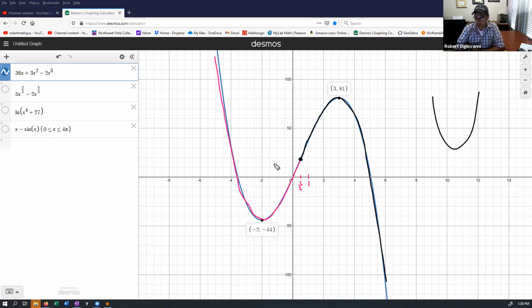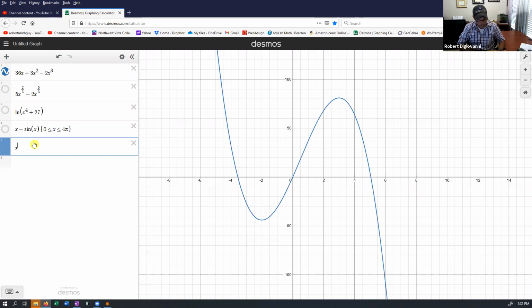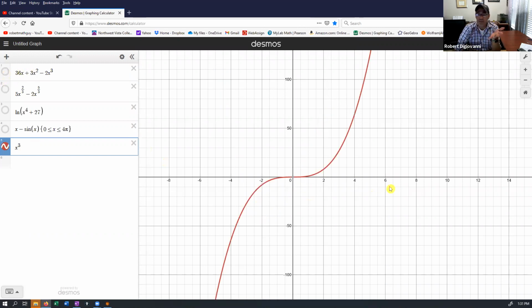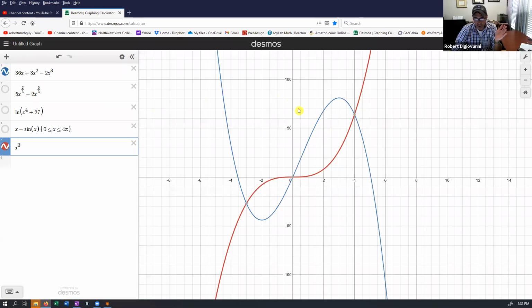Let me clear this out of here. Let me give you an example. How about just x cubed? There we go. Look at that graph right there. That's x cubed. This curve does not have a turn. I think, Benjamin, you were asking, right? Yes. This doesn't have a turn. I think by turn you meant something like that.